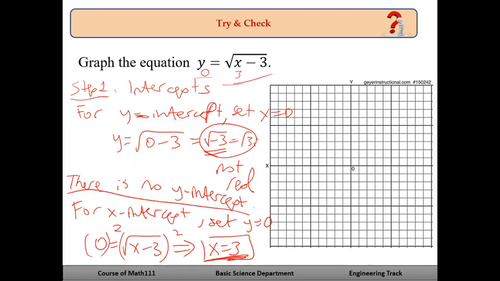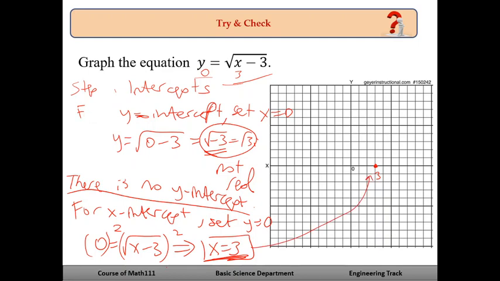You see 0 equal to 0. So 3 is the x-intercept here. Let's go to 3 here. So the graph is passing through this point.